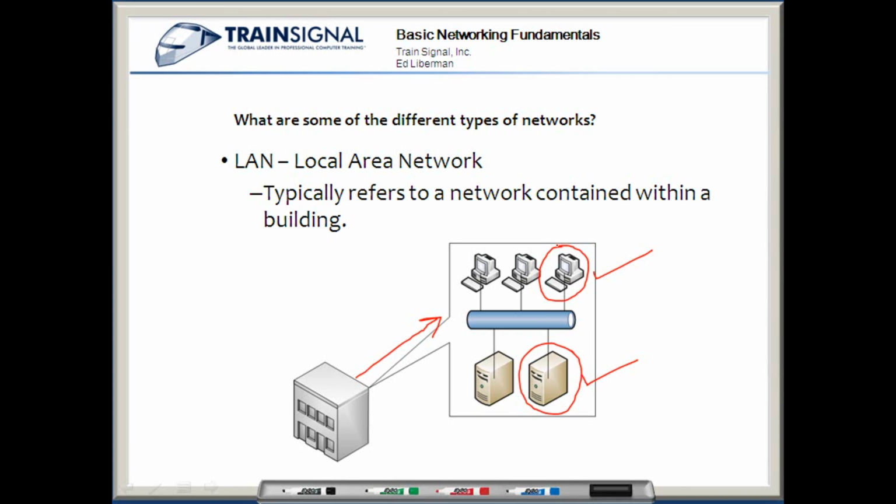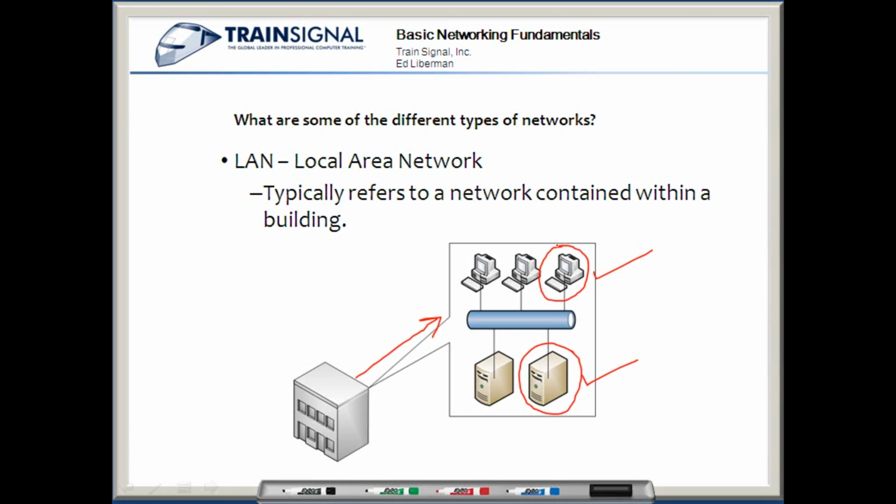But there are different definitions of exactly what a LAN is. Depending on who you ask and how long they've been in this business, they might give you a slightly different answer. As a for instance, one definition of a LAN that I've heard is any network that is connected using your own media or your own cabling, meaning, again, it would kind of be like in a building.